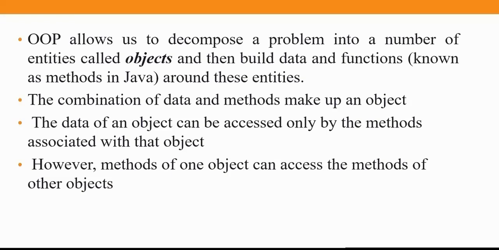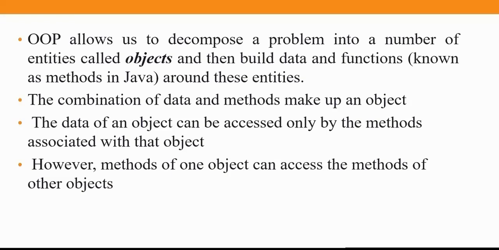So what does that mean, object? The combination of data and the method is what makes an object. The data of an object can be accessed only by the methods associated with that object.